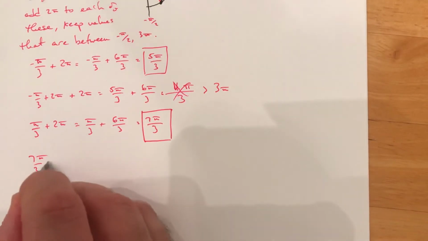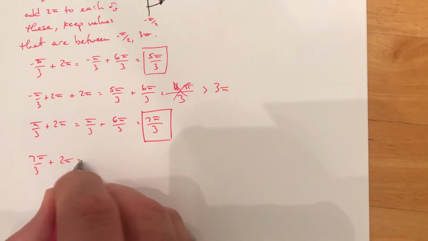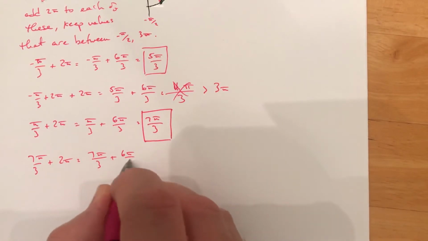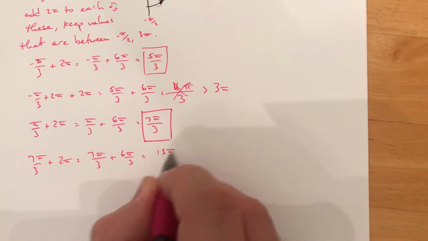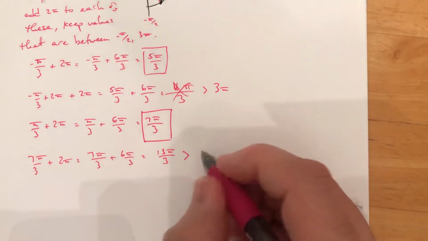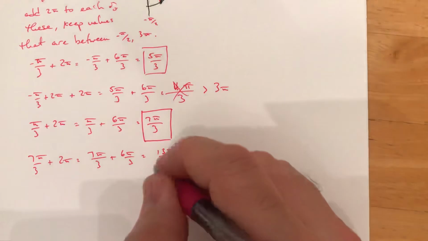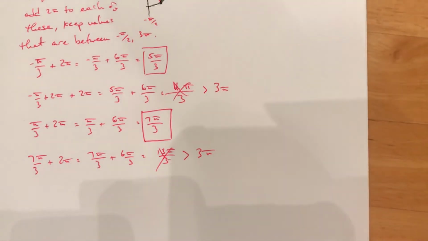7 pi over 3 plus another 2 pi is 7 pi over 3 plus 6 pi over 3, which is 13 pi over 3, but that is, again, way more than 3 pi. So we won't keep that one.